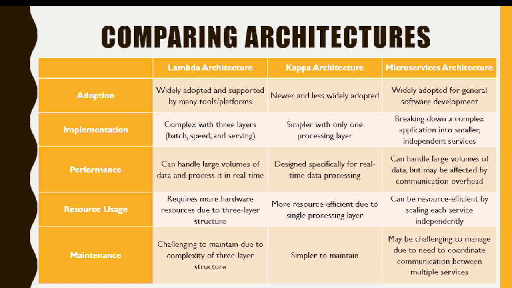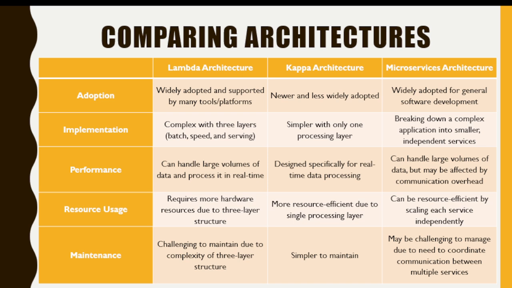Now, let's compare these three architectures in terms of adoption, implementation, performance, resource usage, and maintenance. Let's start with adoption. Lambda architecture is widely adopted and has been around for over a decade. It is a well-established architecture and it's supported by a wide range of tools and platforms.